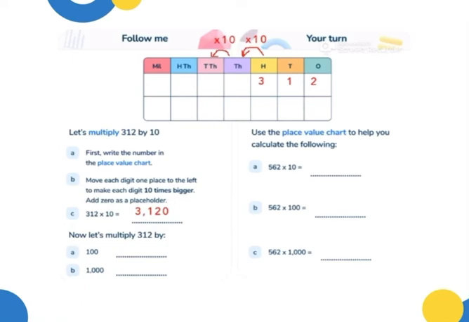So I'm going to put my 3 there, my 1 here, and my 2 here. And now you can see there are 2 empty spaces. What I do now is I add my zeros because they're going to hold my tens and my ones. And then we can finally write our answer, 31,200. Was that too fast for you to understand?